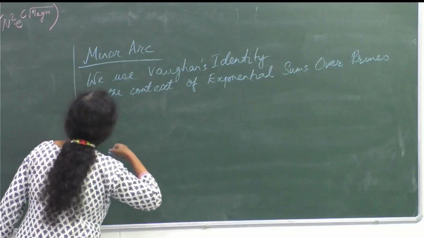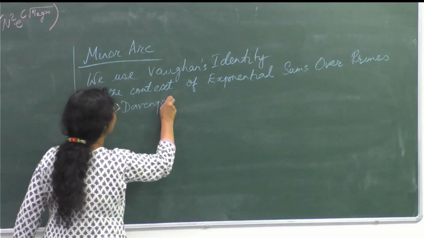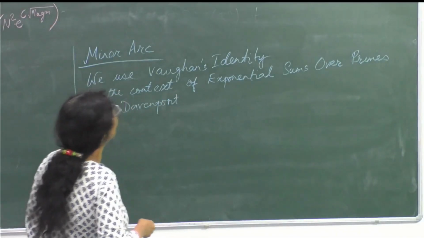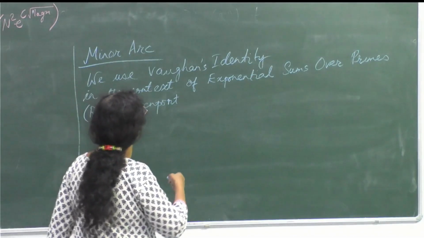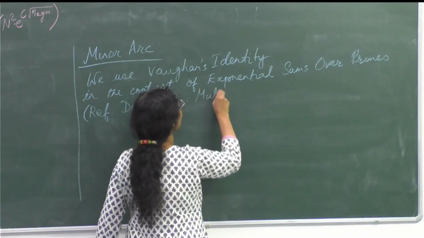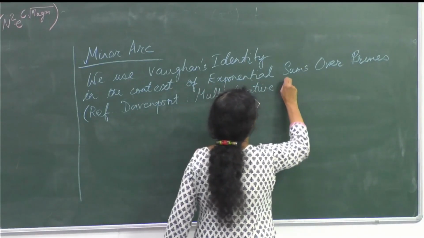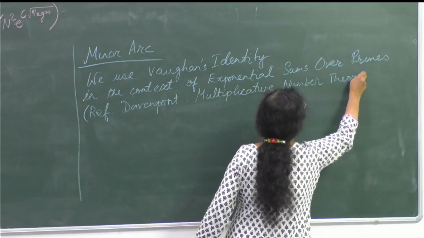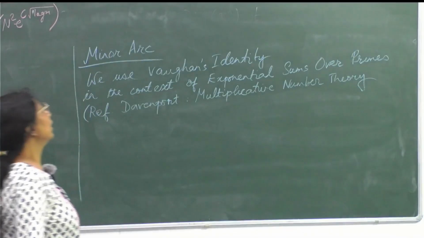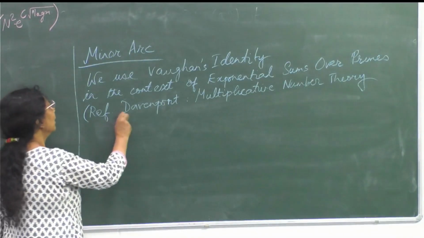You can read Montgomery and Vaughan, Multiplicative Number Theory, I think chapters 24 and 25. I think anyway the chapters are very, very short. So Multiplicative Number Theory, or Iwaniec-Kowalski.